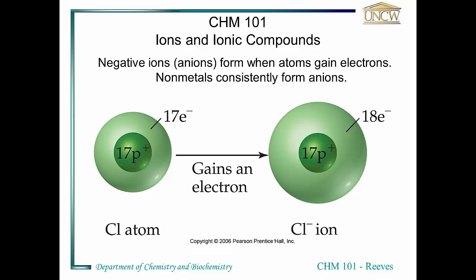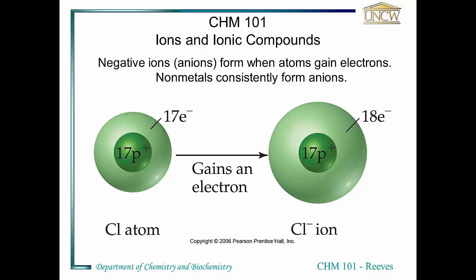Okay, in the case of anions, these tend to be the elements in the upper right corner of the periodic table, the so-called nonmetals. In the case of anions, they gain a negative charge by gaining one electron. And the result, as you can see here, is typically a species which is much larger than the atom from which it came.